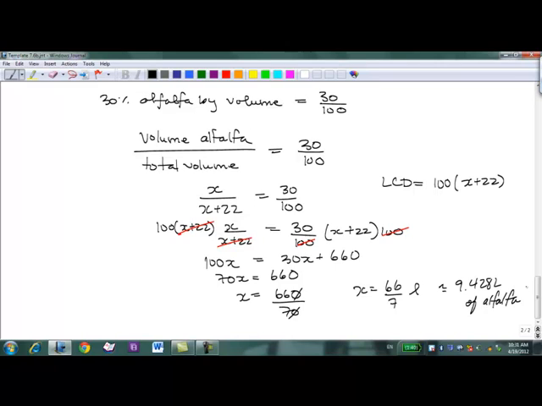So let's talk about the mixing proportion kind of volume. It doesn't need to be volume, but any kind of proportion problem. Basically, you take the percentage, which in this case was 30%, write it as a fraction, 30 over 100. And you write another rational expression with the volume of the alfalfa, in this case, over the total volume. So alfalfa plus what we originally started with.